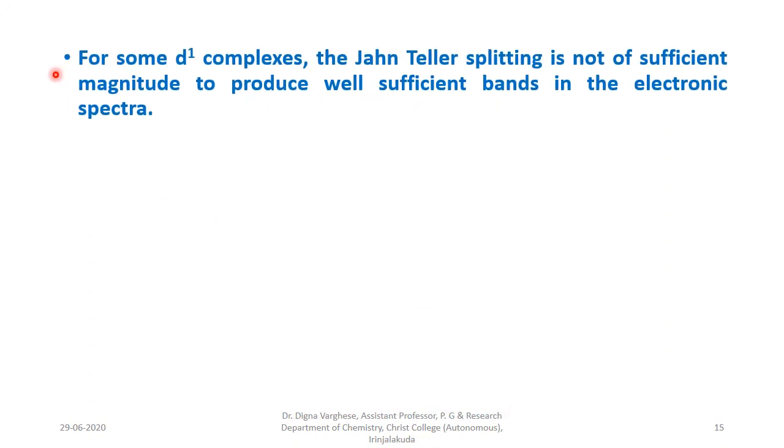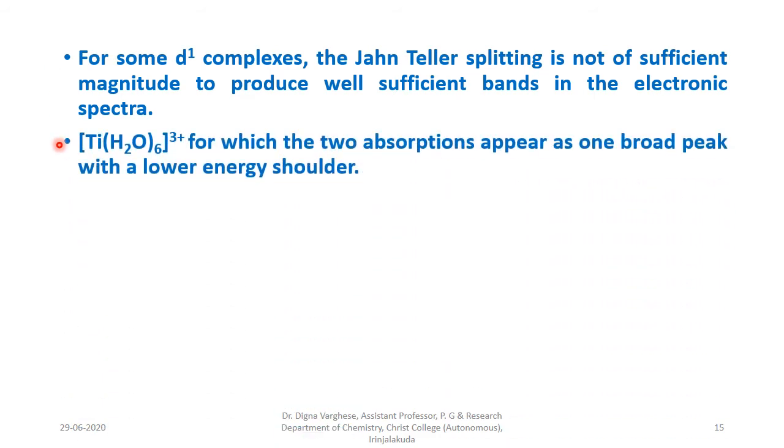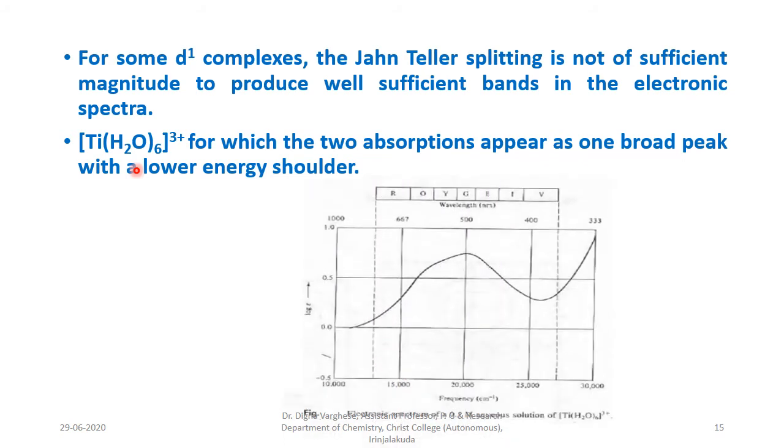For some d1 complexes, the Jahn-Teller splitting is not of sufficient magnitude to produce separate bands in the electronic spectra. In the case of the hexaaquatitanium(III) ion, the two absorptions appear as one broad peak with a lower energy shoulder.